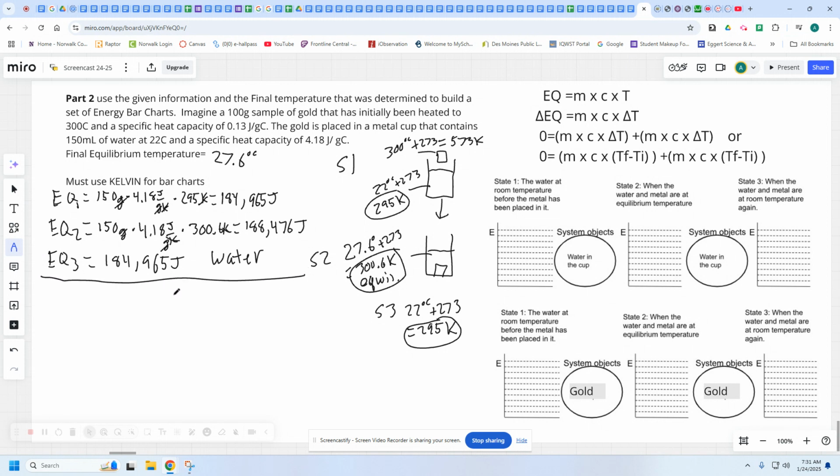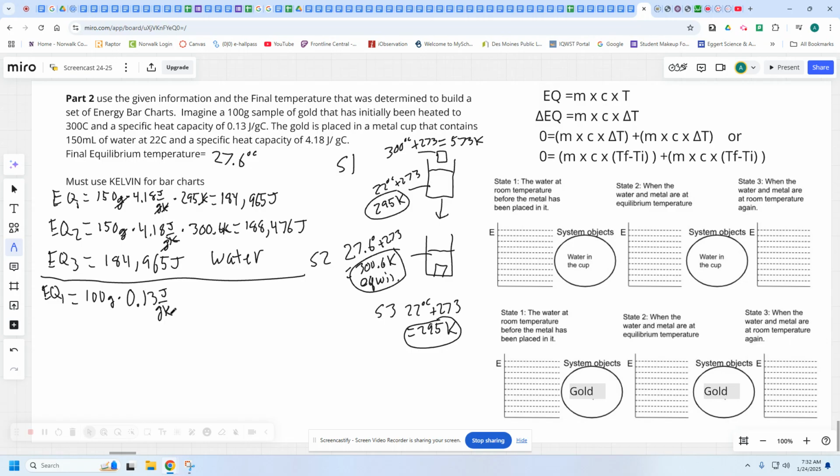Now we have to do the same thing for gold at each state and moment in time. So I'm going to do EQ for state 1. The mass for gold was 100 grams. The specific heat capacity for gold is only 0.13 joules for every gram Kelvin.